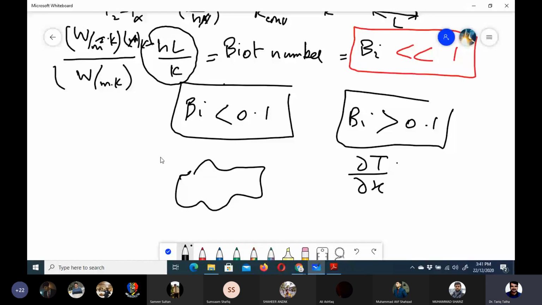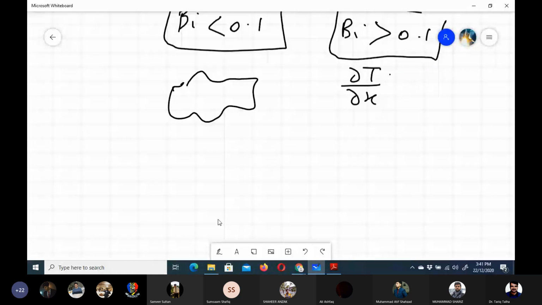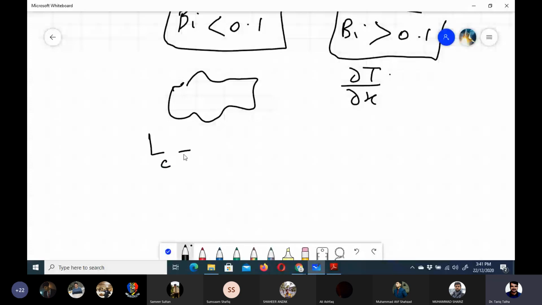So for that, there is a concept of Lc, which is characteristic length. If you remember from your 1D analysis of the fin, there we also defined Lc, but there it was meant for corrected length, not the characteristic length.